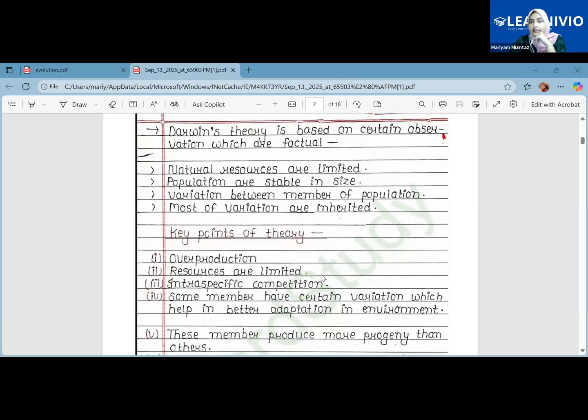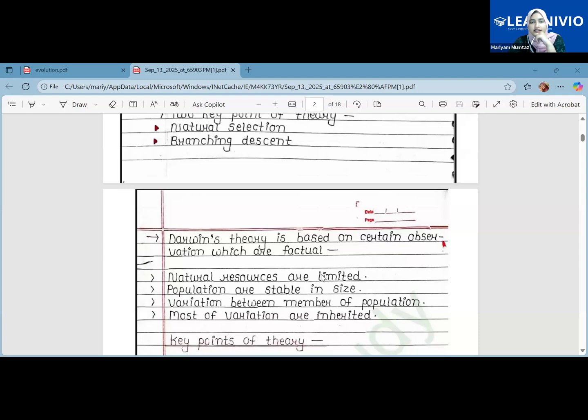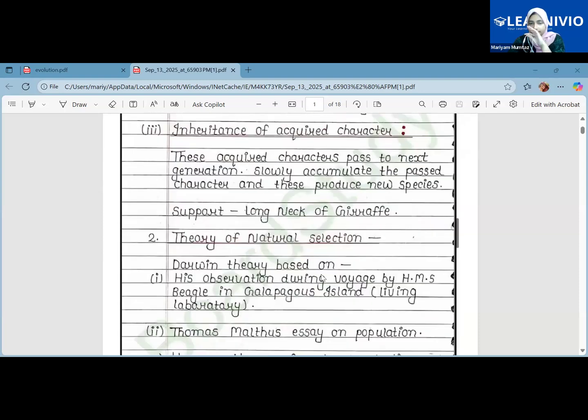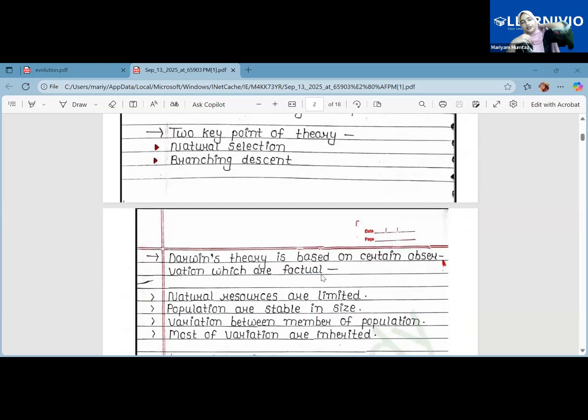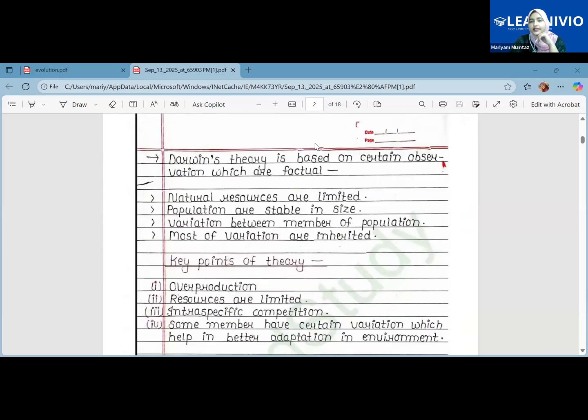So, in the previous class, we had discussed up until the two points of the evolution theory, which are natural selection and branching descent. Today, we'll continue. Darwin's theory is based on certain observations which are factual. What are the observations made by Darwin?